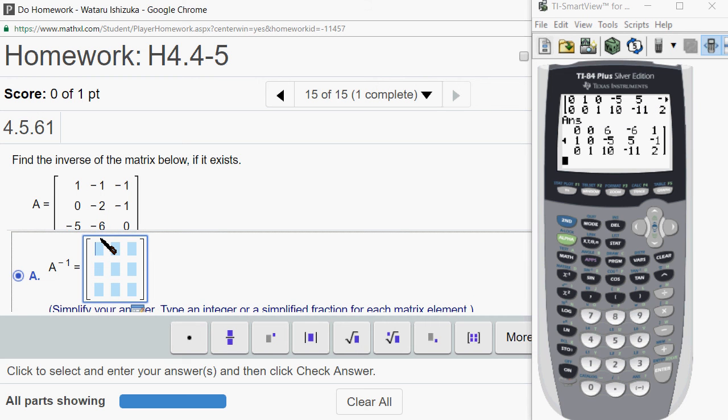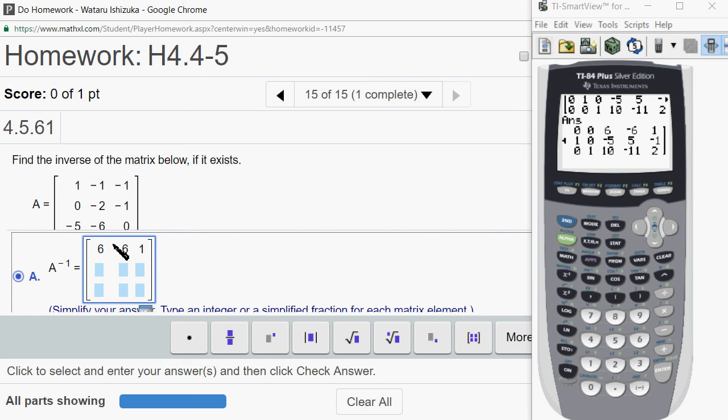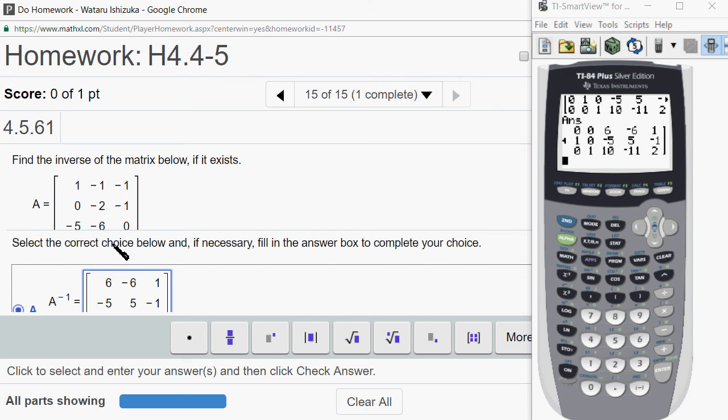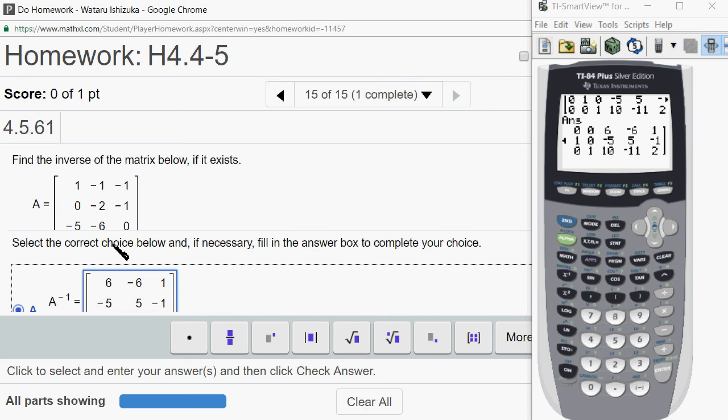So this is gonna be 6 and negative 6 and 1. And negative 5, 5, negative 1, 10, let's see, did I put 10? 10, and negative 11, and 2.